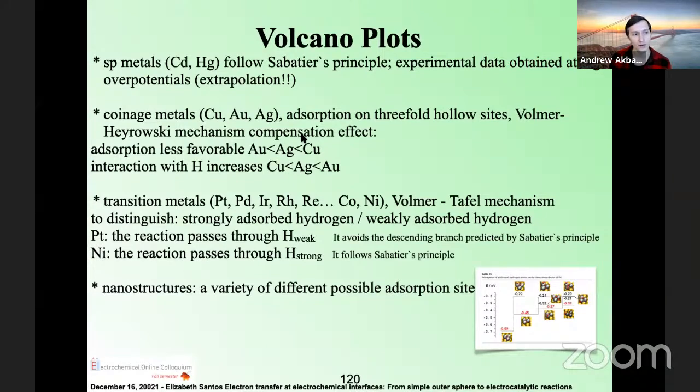And so they counteract each other basically. This is why you don't have very good HER on gold. So my question is this: do you see any ways, at least as a theoretician, to decouple these two effects? Because if we could, then of course we could make completely new catalysts.